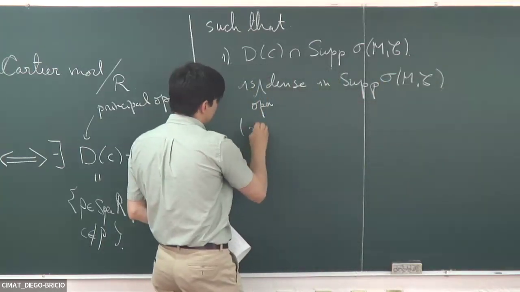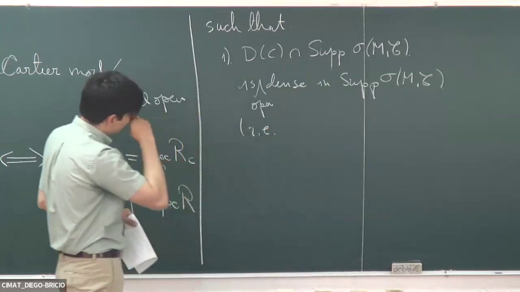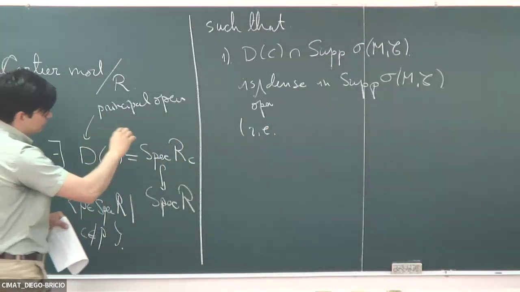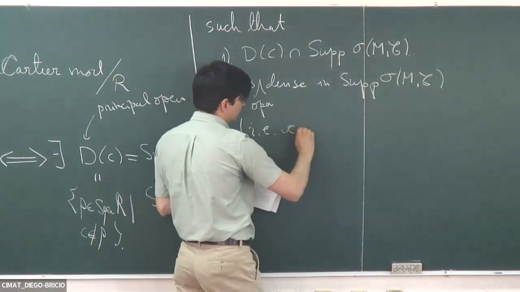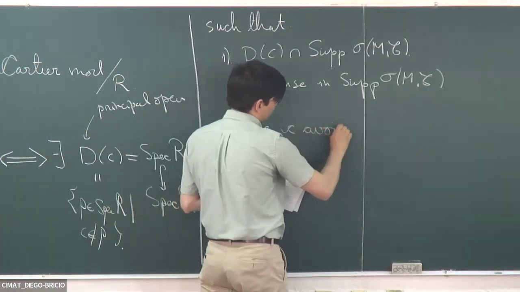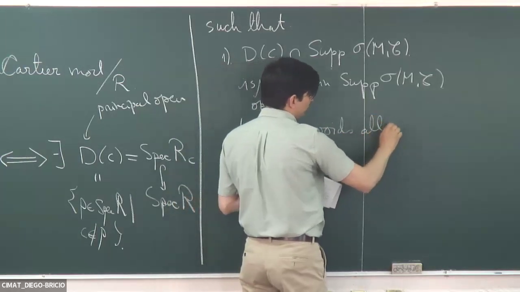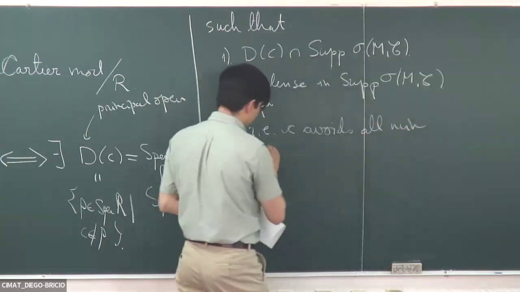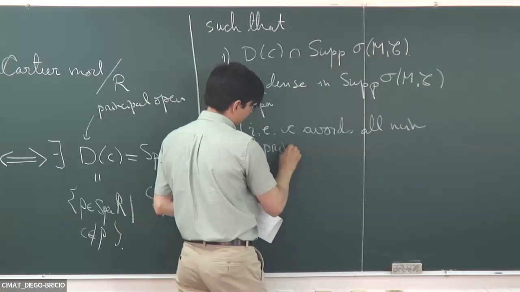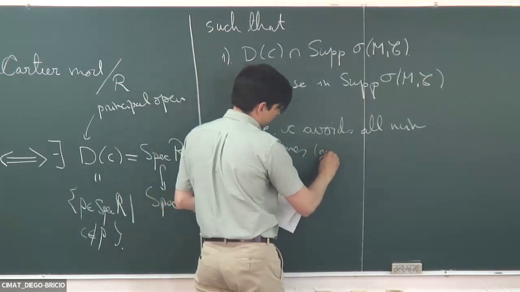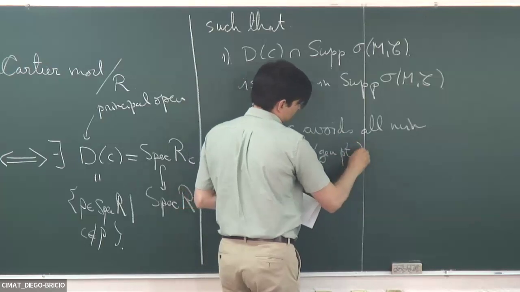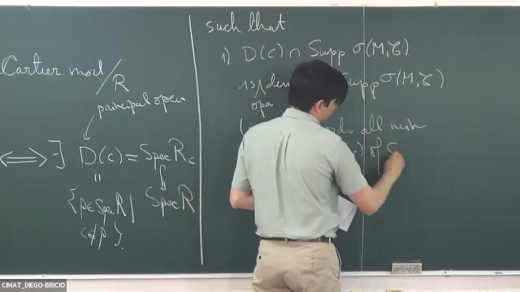So let me just say, because you often see this written down like this in maybe more algebraic articles, i.e. c avoids all minimal primes, meaning generic points, of this support.